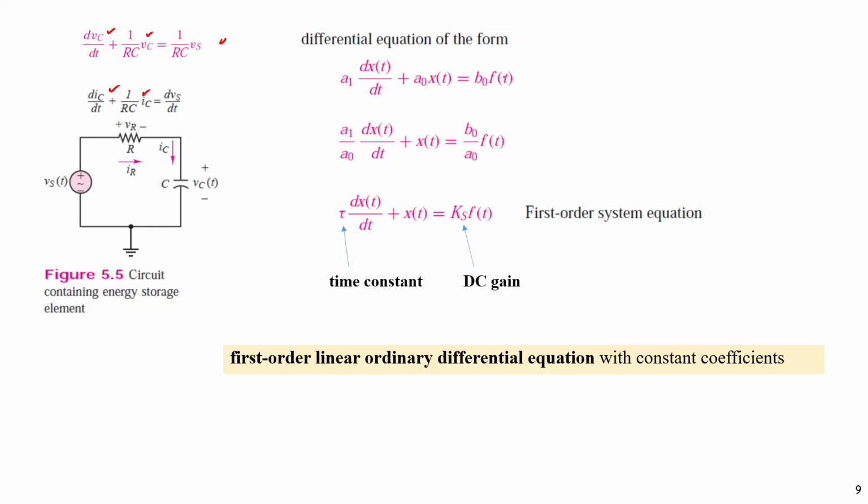We can rearrange by dividing the equation by a0, then we get time constant multiplied with dx by dt plus x equal to K s f(t). This is the first order system equation, or we call it first order linear ordinary differential equation with constant coefficient. This is constant, this is constant, this is a function.